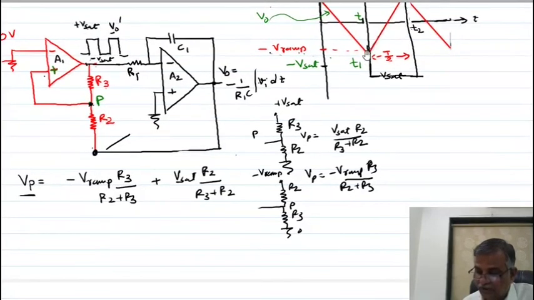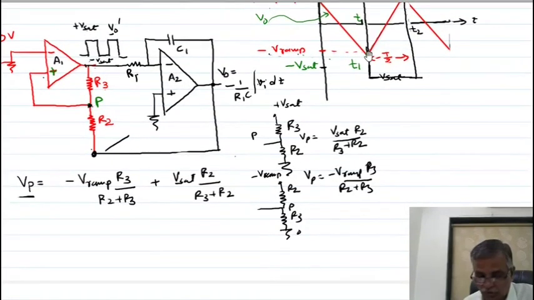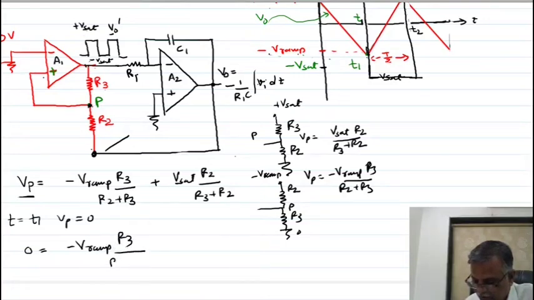At this point, it is 0 voltage. So at time t is equal to t1, I know Vp is 0, slightly crossing 0. So I am writing 0 equals minus V ramp into R3 upon R2 plus R3 plus V set into R2 upon R3 plus R2.